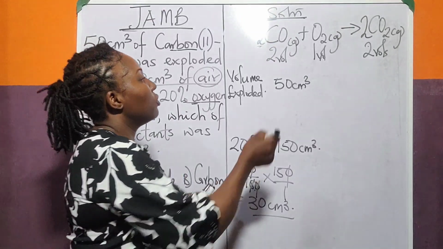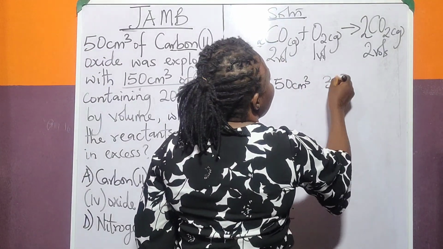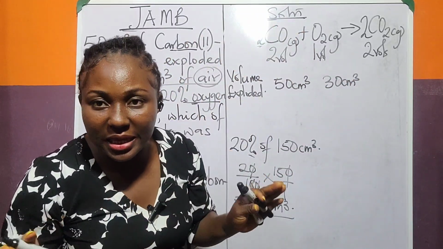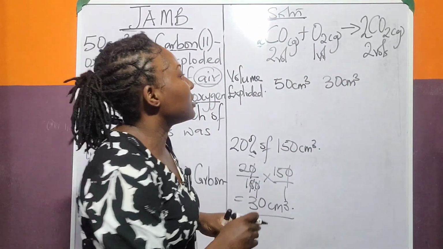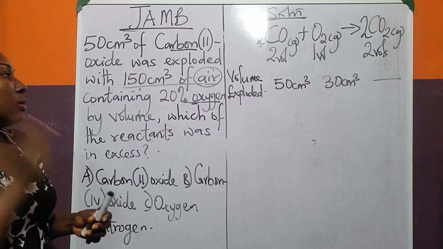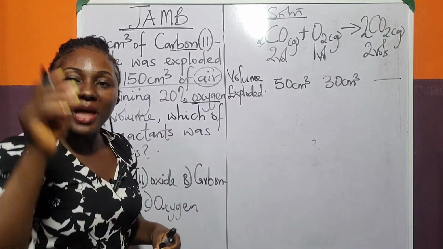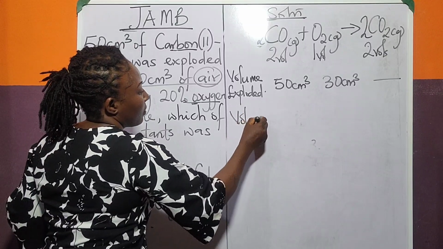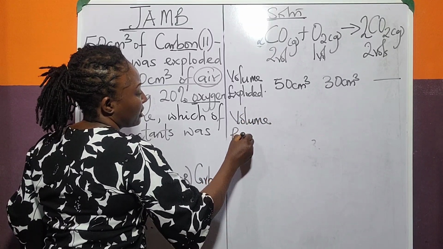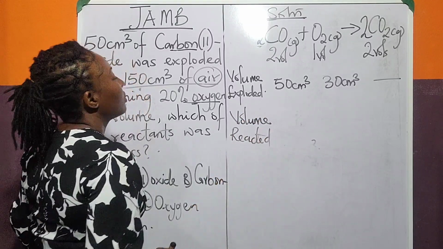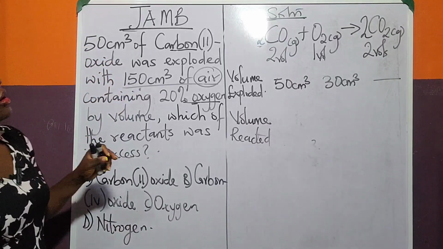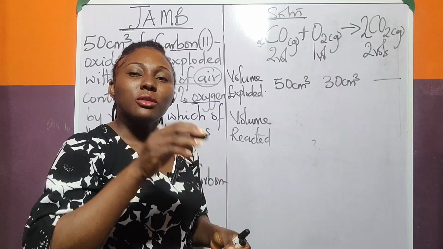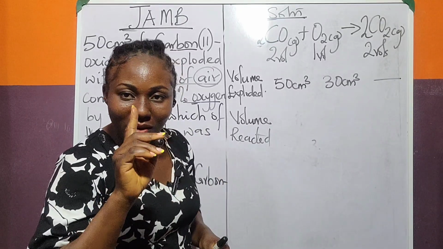Okay, so here I will say 30 cm³, and at this point no product yet because they've not reacted, so no product. The next step is the volume that reacted. Now, the next thing I will do is to find the volume that will represent 1 volume.